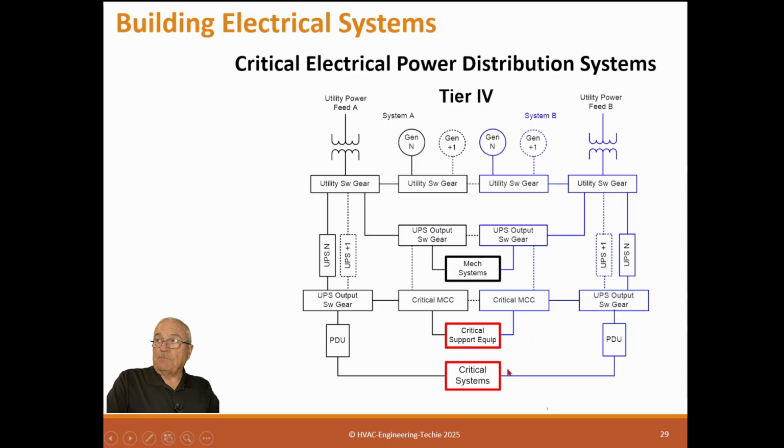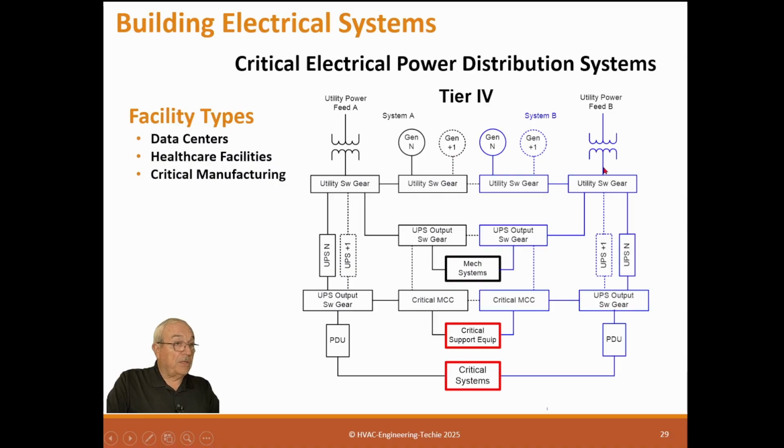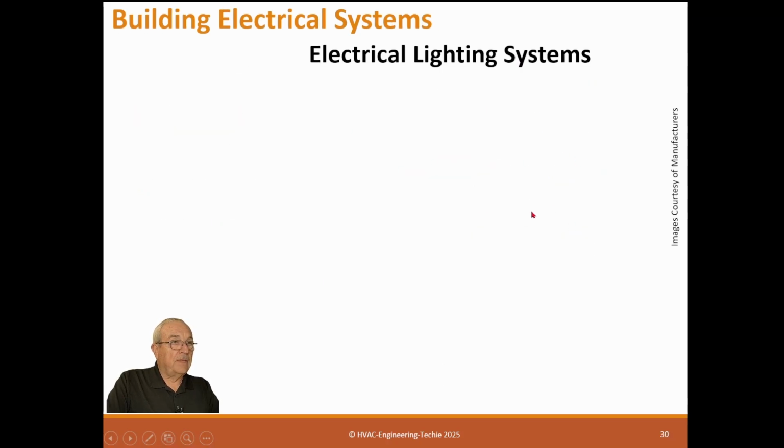So everything is backed up from a different power source. This is tier 4, and this is the facility types, might be data centers, healthcare facilities, critical manufacturing, and telecommunication infrastructure. This is really expensive stuff, but this is the way they're rated, and this is what all the different backup systems mean for critical power.